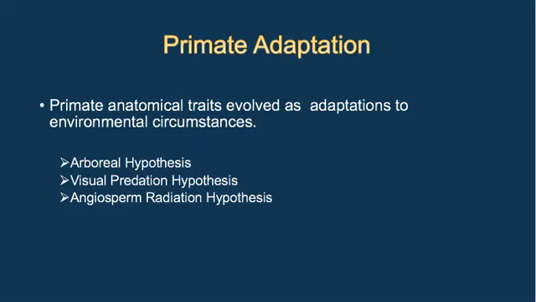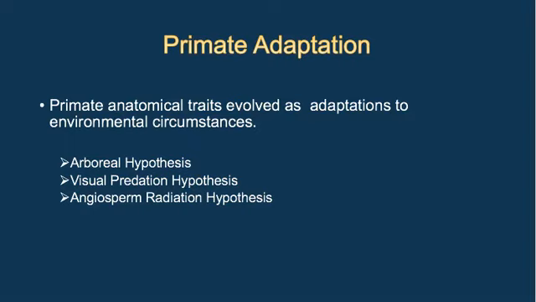The first one, the arboreal hypothesis, basically states that these traits evolved specifically for life in trees. The term arboreal is a reference to trees. So the idea is that the grasping hands, the good vision, the stereoscopic binocular vision, the depth perception, the omnivory, all of that kind of thing evolved for life in the trees.